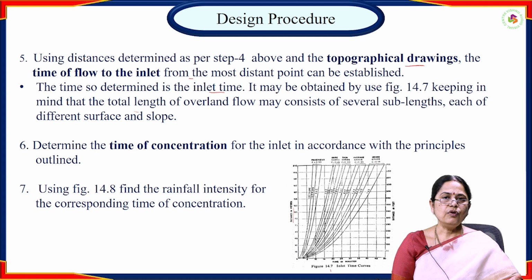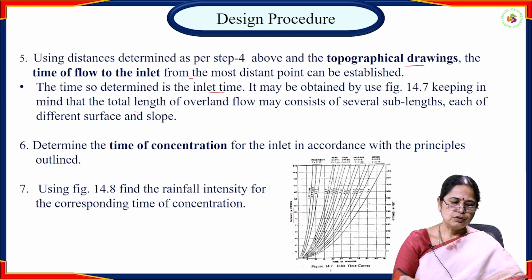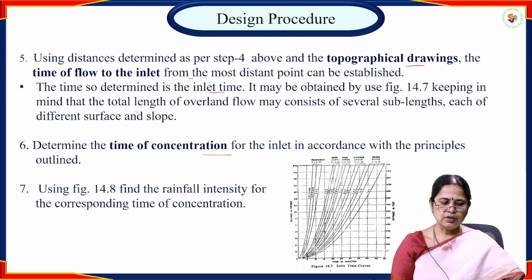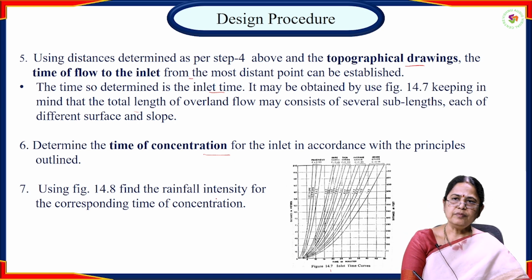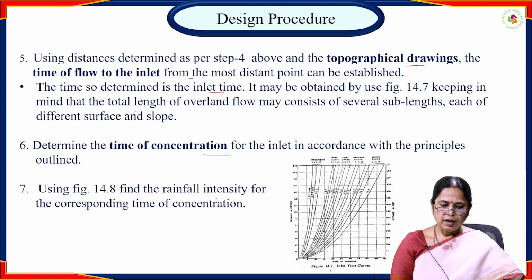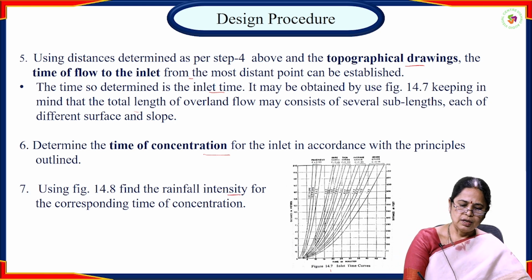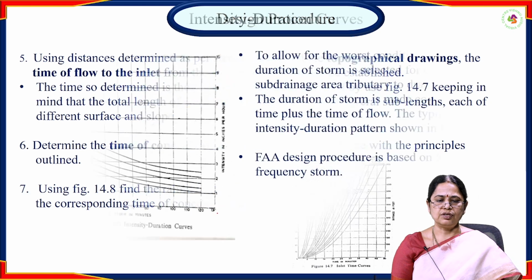The time of flow will be calculated as the total length of the pipes divided by the velocity of flow in those particular pipes. Then adding both time of inlet and time of flow, we will calculate the time of concentration. So determine the time of concentration. Then using the diagram, we also identify the rainfall intensity corresponding to the time of concentration.